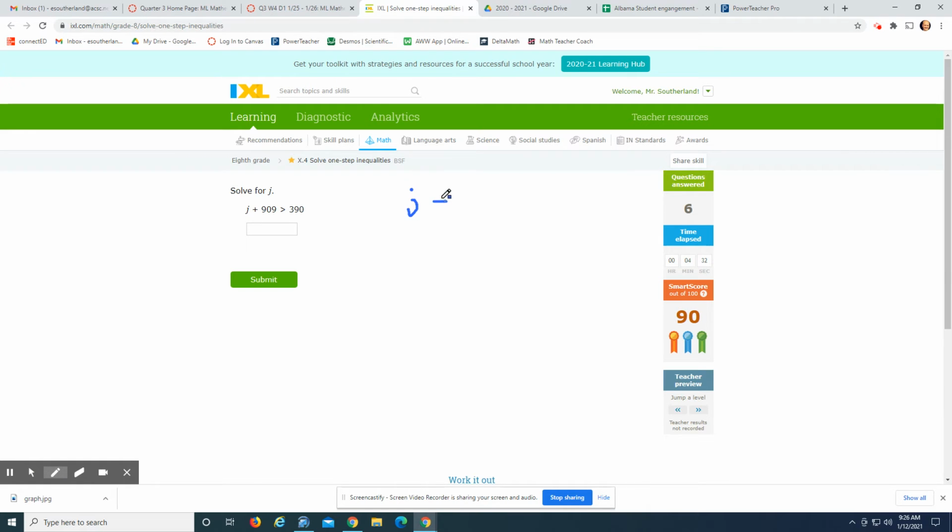So, for example, this is j plus 909 is greater than 390. The only thing that you're going to do differently is you're going to subtract a bigger number. So we're going to subtract 909 from both sides. And notice I put an equal sign there.